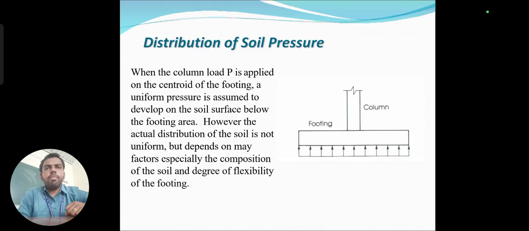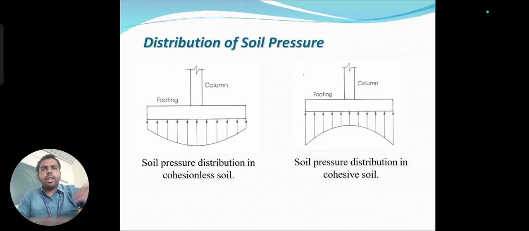When the column load P is applied at the center of the footing, a uniform pressure is assumed to develop on the soil surface below the footing area. However, the actual distribution is not uniform; it depends on factors such as the composition of the soil, the flexibility of the footing, and the area over which the load is distributed.